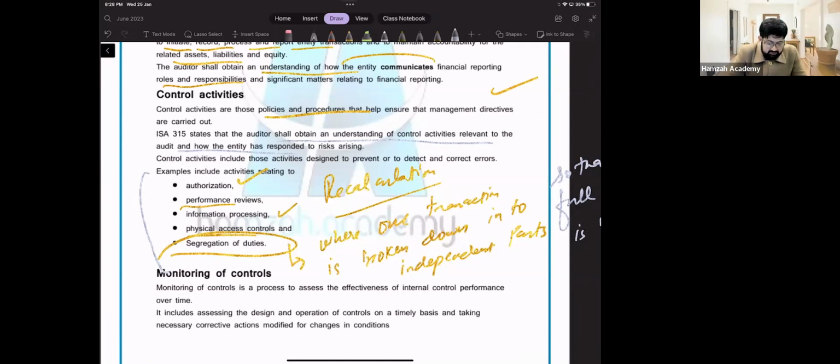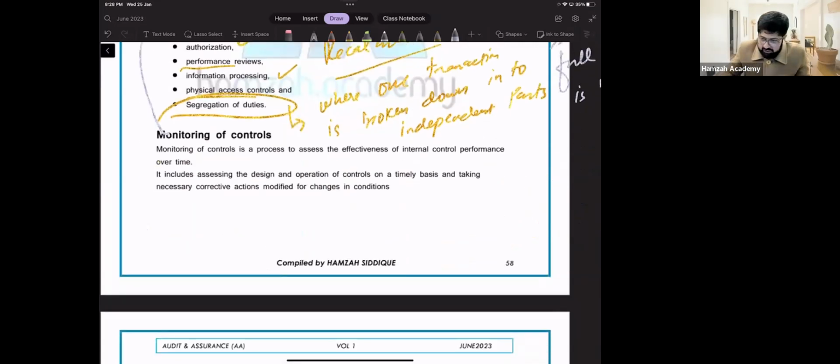Let us proceed further. The next is monitoring of controls. The company has implemented controls, so the company themselves monitor so that controls are improved to ensure people are following them. If controls become weak, people find loopholes, so controls should be improved.